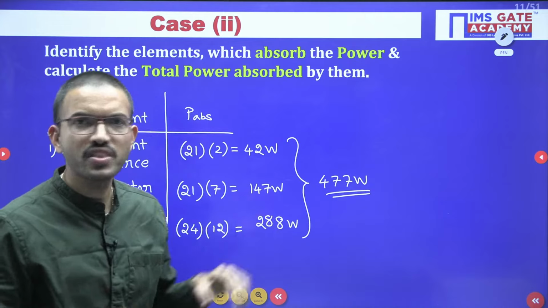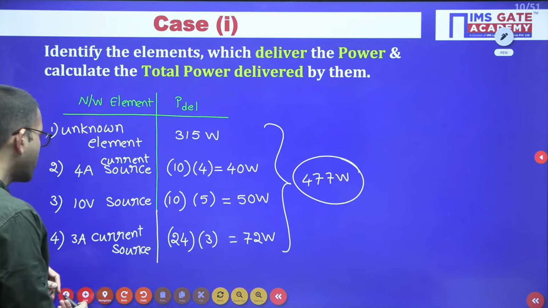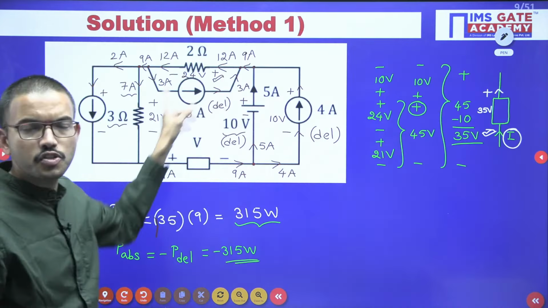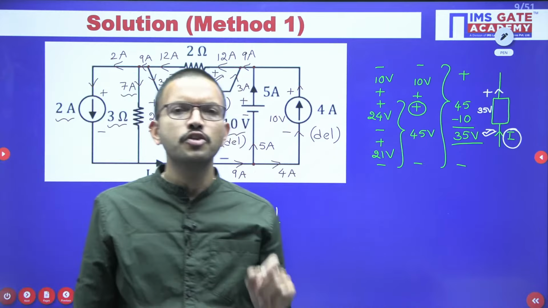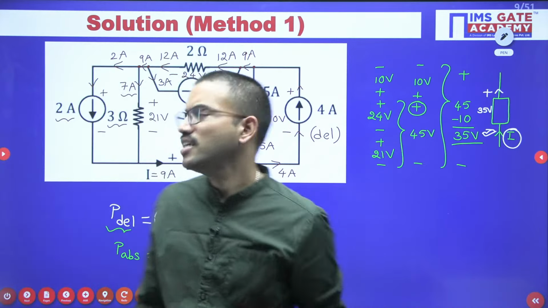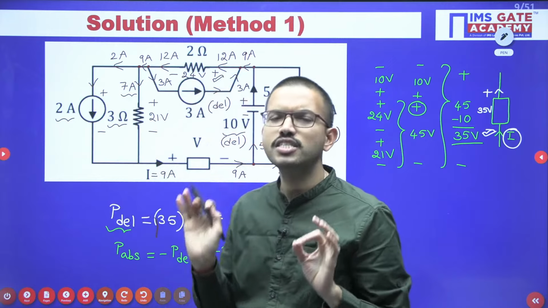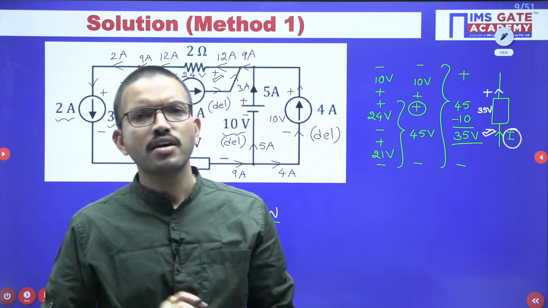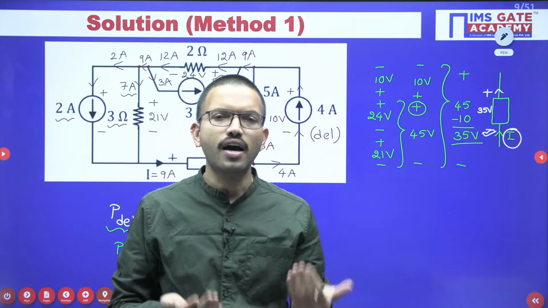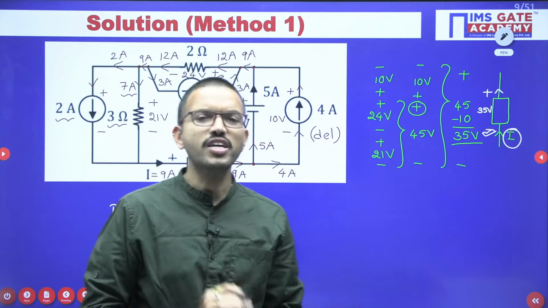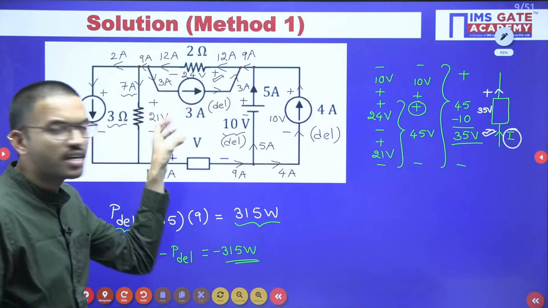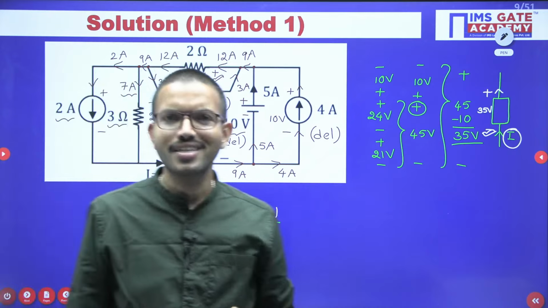So in this way, as the earlier conclusion I mentioned, whenever you have multiple sources present in the given circuit, you should not say directly that all the sources will deliver the power. Some of the sources can absorb the power based on the given network and the elements connected to it.